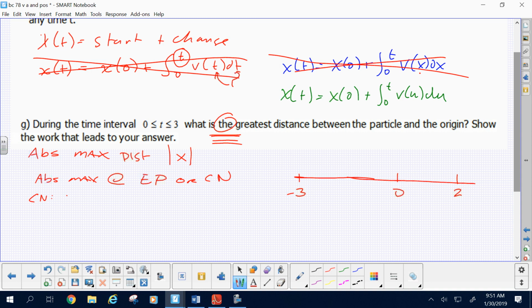And this time we're talking about the derivative of position, which is velocity, is 0 or undefined. You've got to say that. If you don't say that, then they don't give you credit for finding where it happens. You must say where you found it or where you looked, not just what they are.